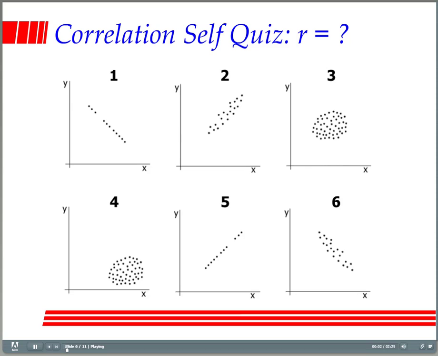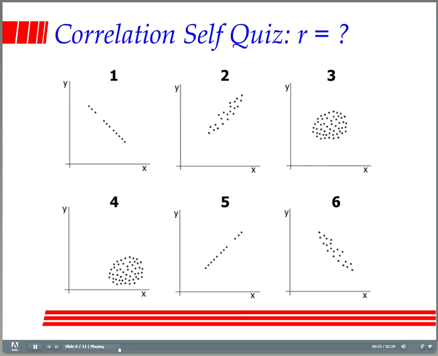Let's take a few minutes and look at what different values of r mean. If we look at these plots of x versus y, and plots of paired data like this are sometimes called scattergrams, with different patterns, what would the corresponding value of r be?